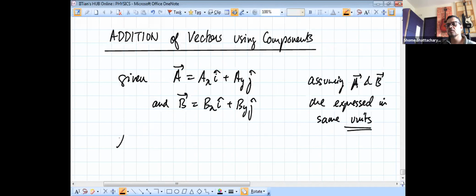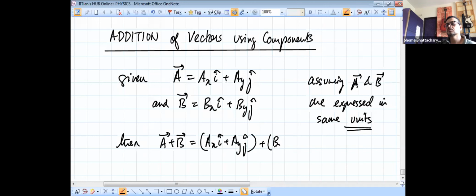Then we can find A plus B, which will become Ax i cap plus Ay j cap plus Bx i cap plus By j cap.